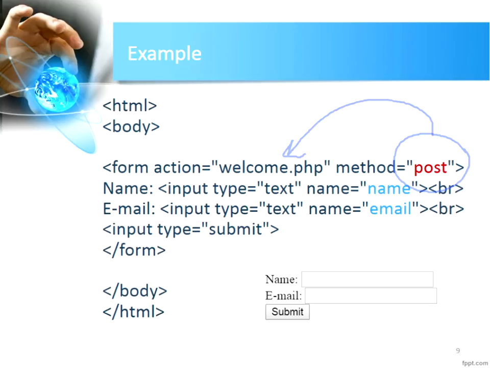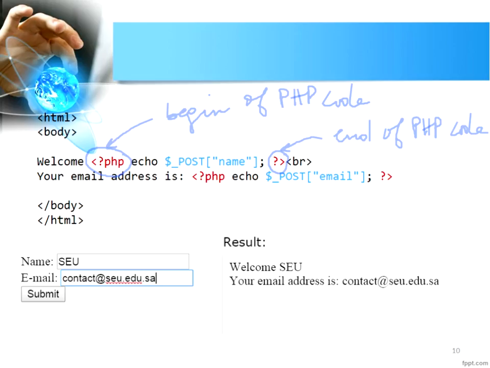So I write $_POST name, and $_POST name gives me this value. The value sent when I click on submit is SEU.